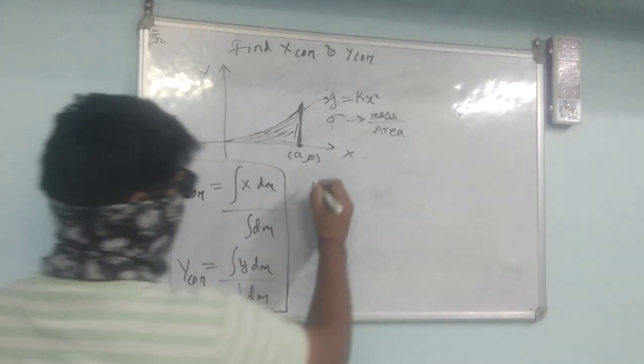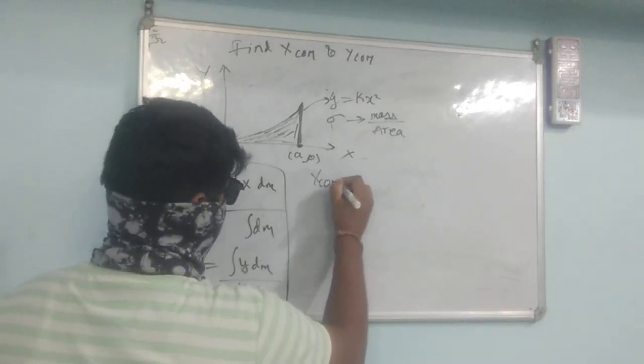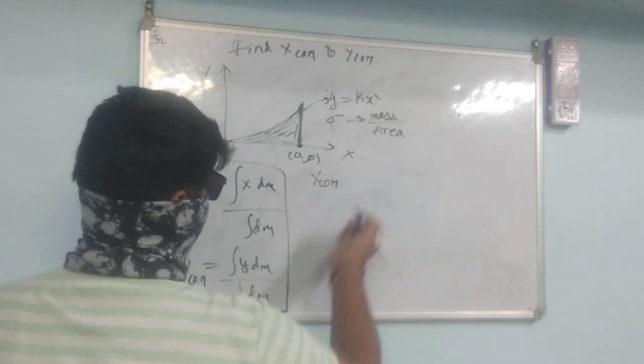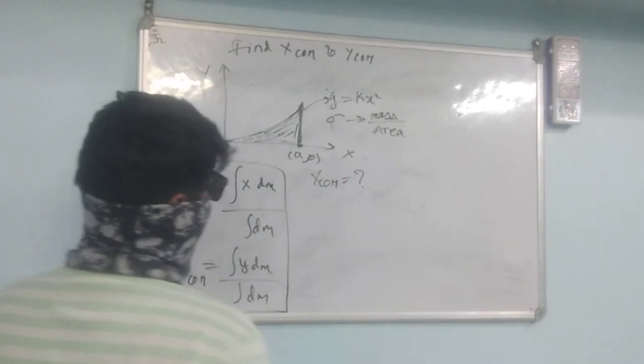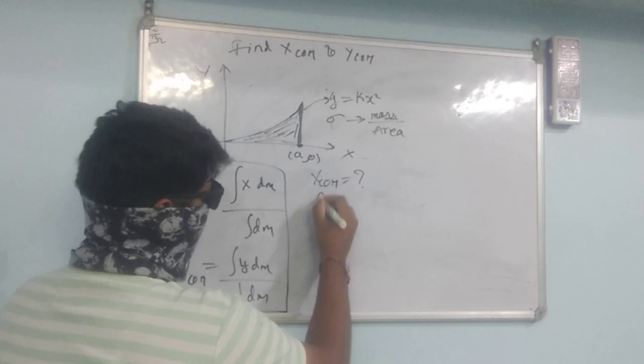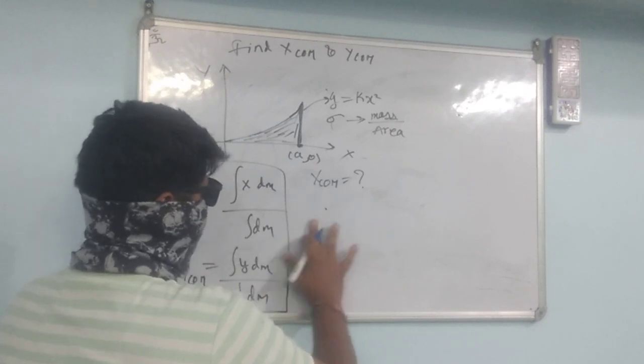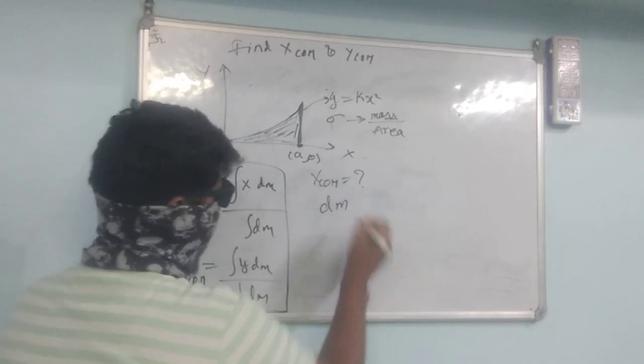So first we'll find x center of mass. For that, first we will find dm.